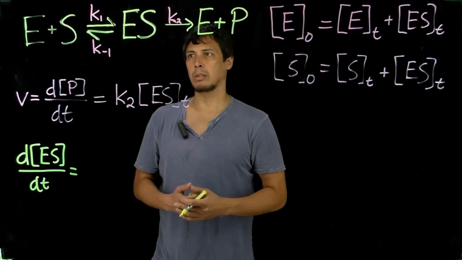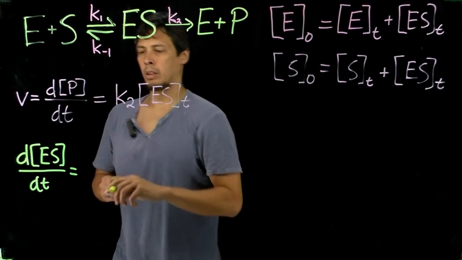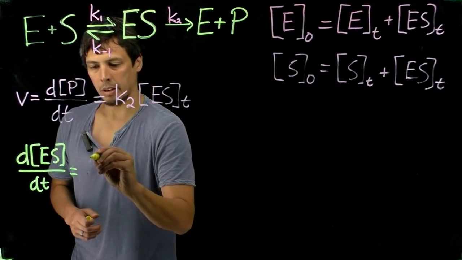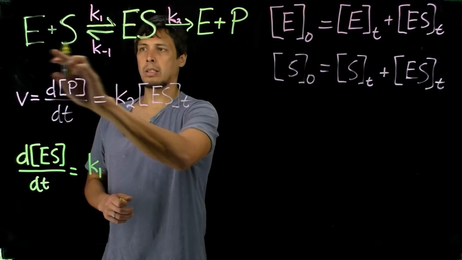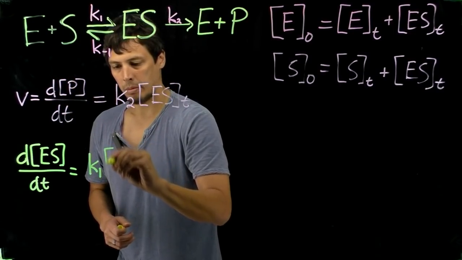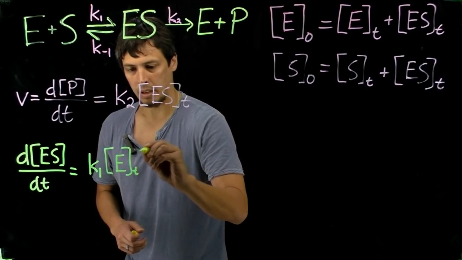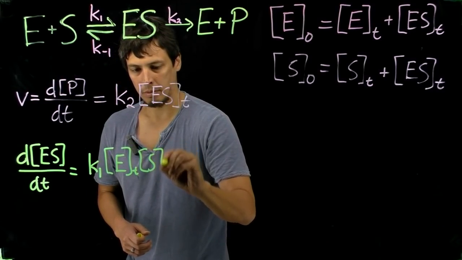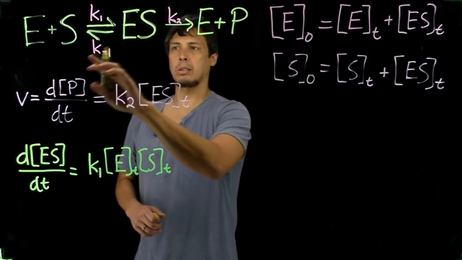Formation of ES only occurs from K1, so that's the only positive term: K1 times enzyme times substrate, those are E of t and S of t. Now we have two reactions that consume ES.